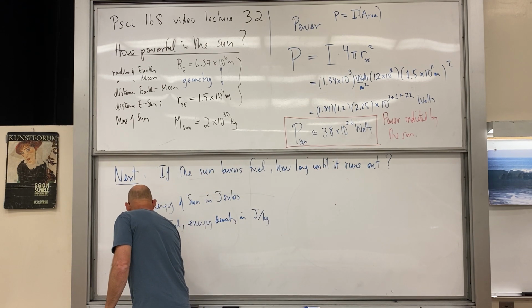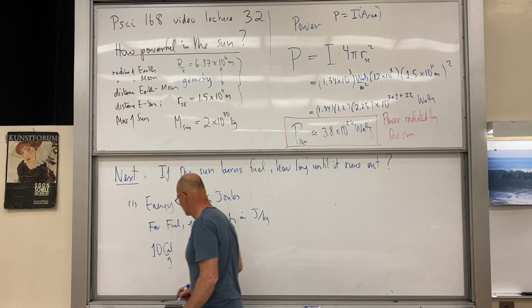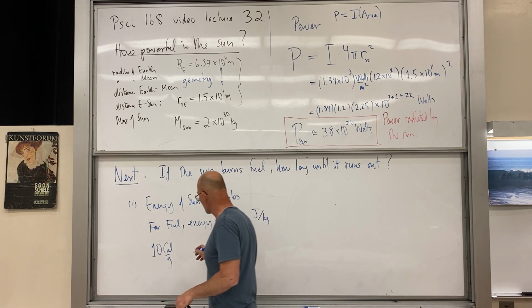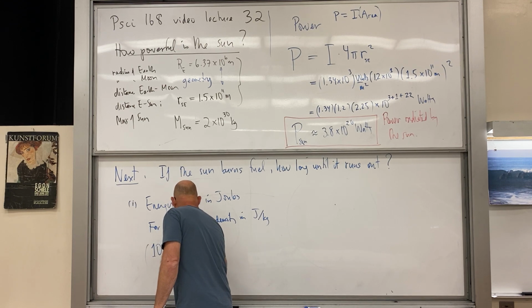So we start this way. For fuel, we're going to write 10 calories per gram. Okay, so it's like gasoline or something. So 10 calories per gram, we're going to multiply that by 1,000 grams per kilogram.